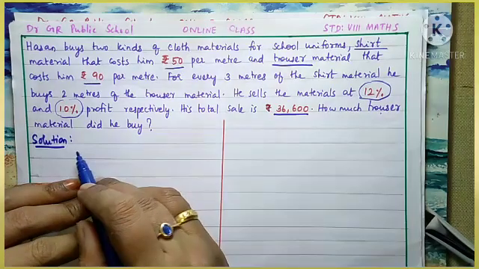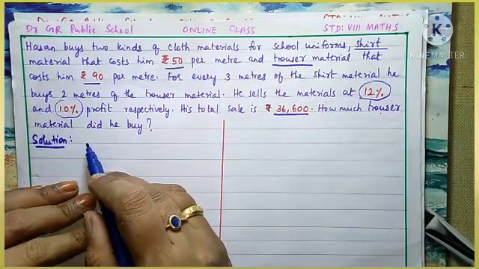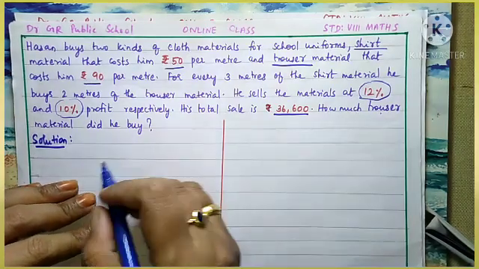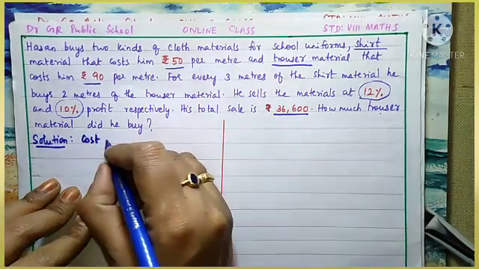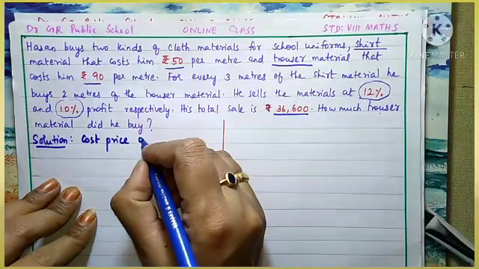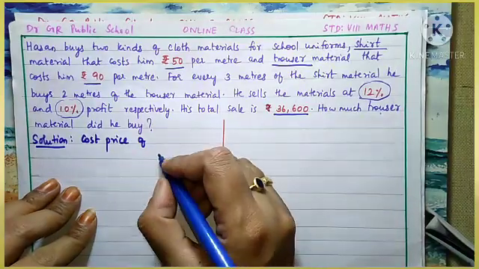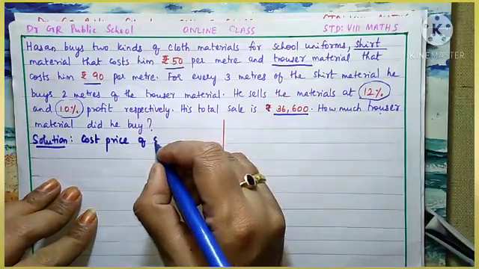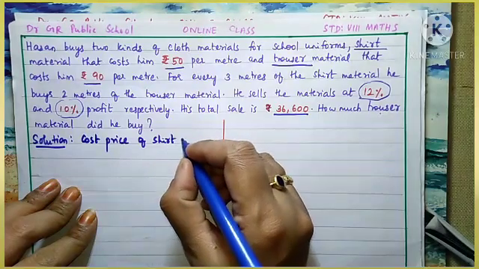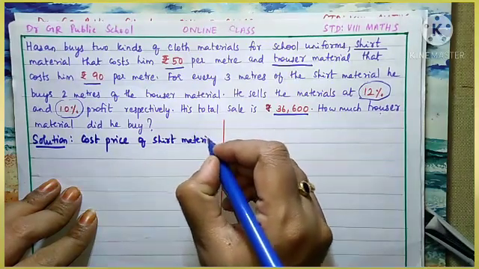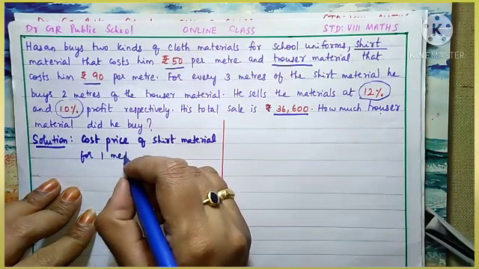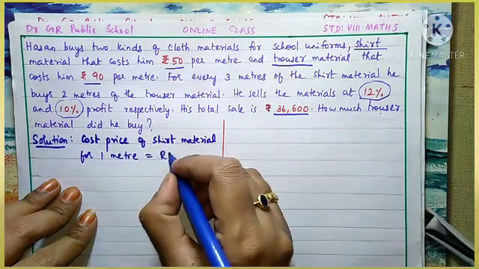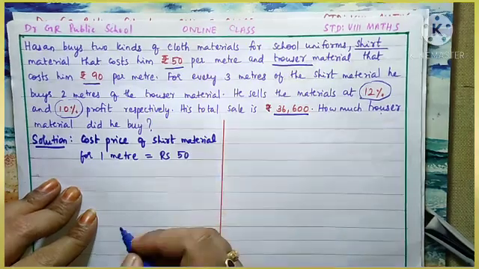Now we are going to the solution of this question. We are starting from the cost price of shirt. The cost price of how many meters is given? 1 meter. So the cost price of shirt material for 1 meter is rupees 50.